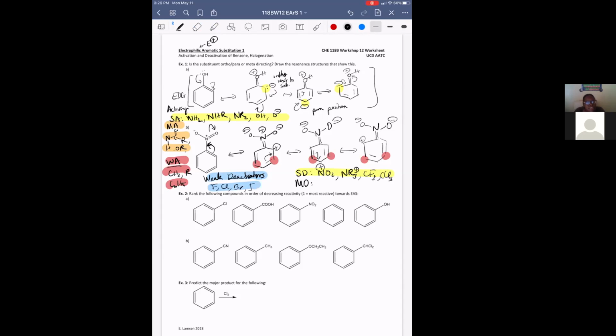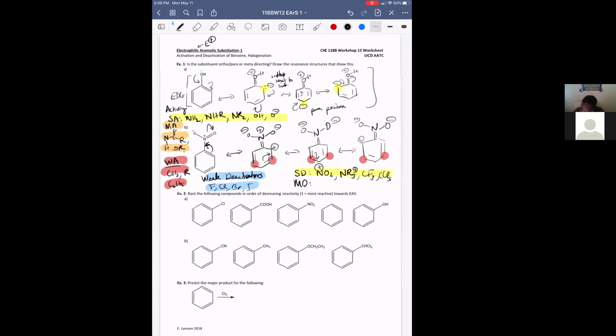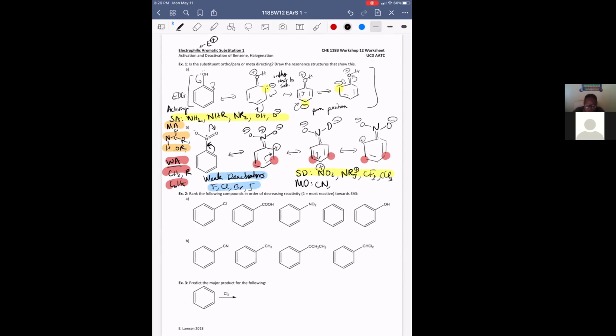And for our moderate deactivators, we're thinking about our cyanide ligand, right, our CN. We can have our SO3H, our sulfonyl group, our carboxylic acid, CO2H. We can think of it also being CO2R, right, where we're generating an ester. We can think of aldehydes as CHO as a functional group, or ketone COR.